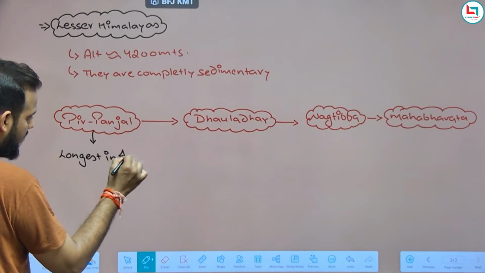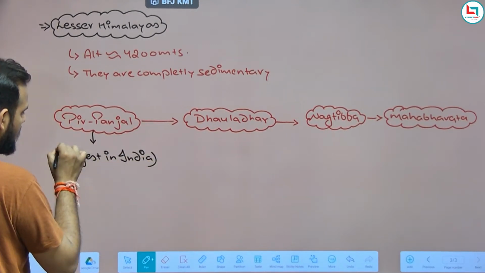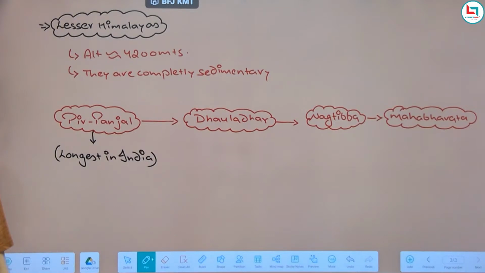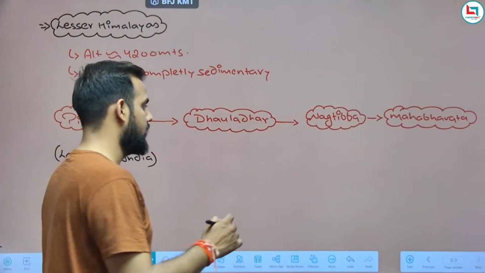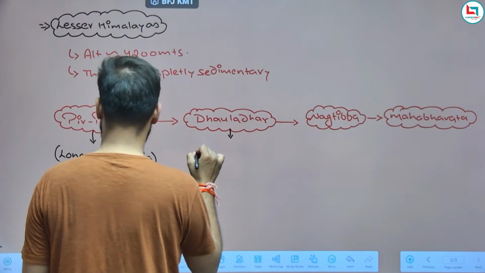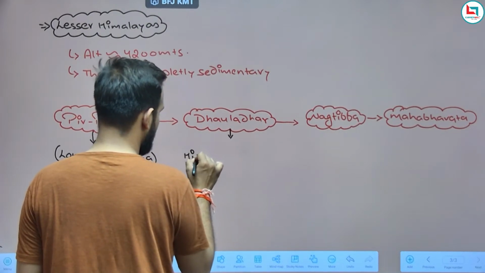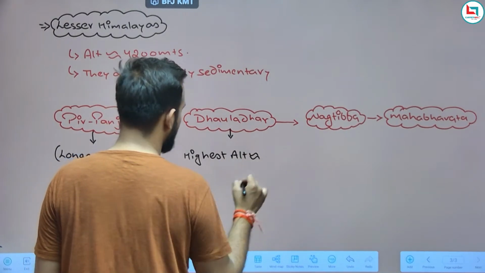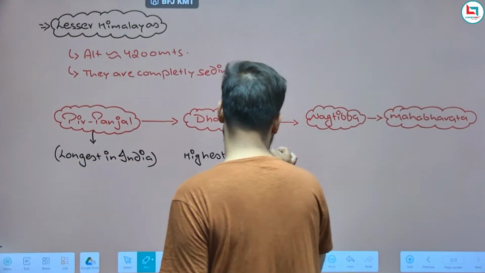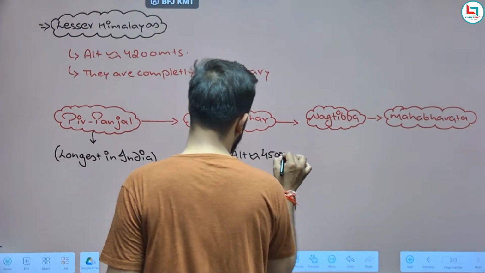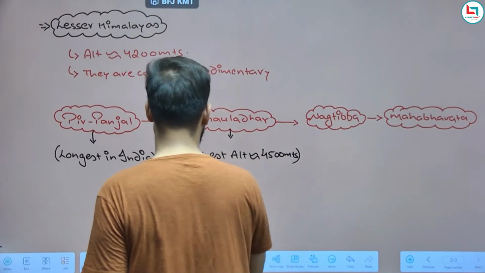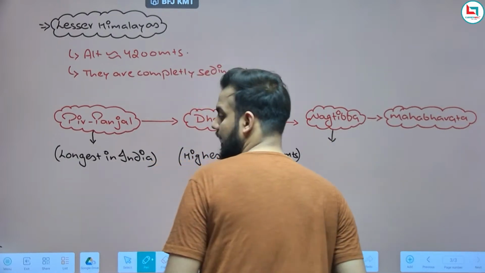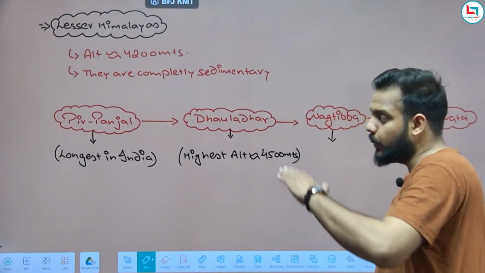The examiner may also ask which among these four mountain ranges is the highest one. Its altitude is around 4,500 meters.